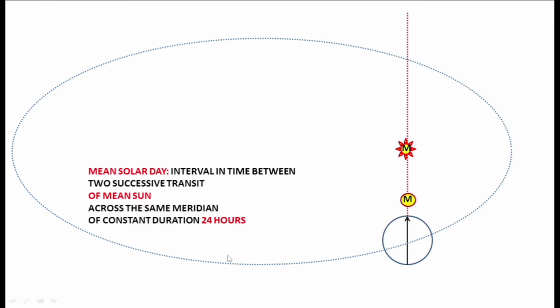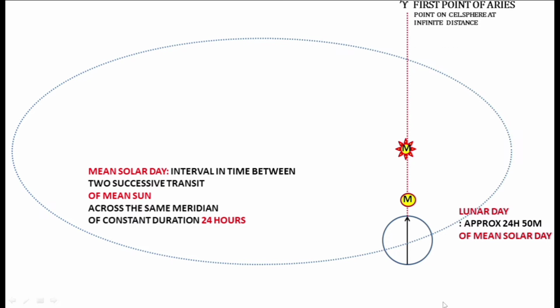And we talked about the retardation of the moon, and we learned last time that your lunar day is approximately 24 hours 50 minutes.